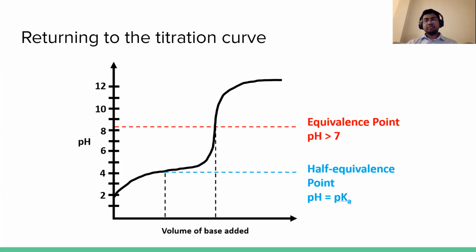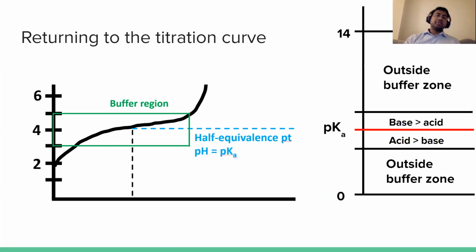Okay. And so for a good buffer, would we want it to be at the equivalence point? The buffering region is in the green box. The range of pHs where this would be a good buffer is about 3 to 5, if the half equivalence point is at pH 4, which is the pKa of 4.